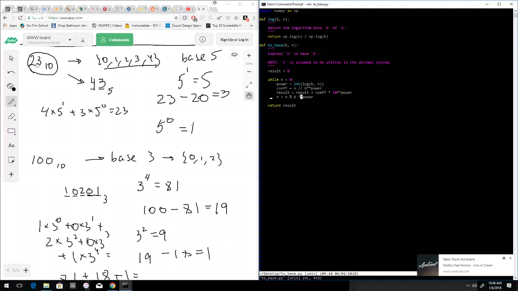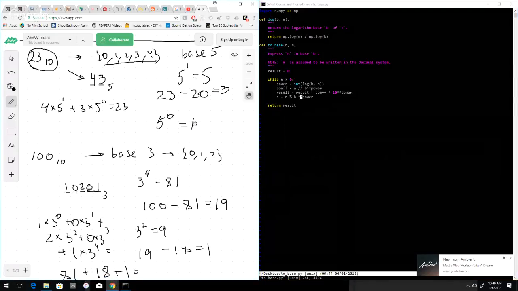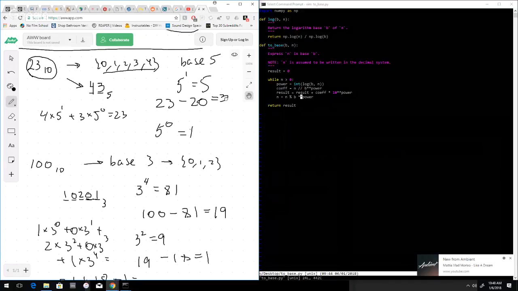So we just learned that if I take 23 and divide 5 to the first power, the quotient is 4, and the remainder that I was interested in is of course 3. So I update n to this remainder, and then n becomes 3 in this case, which is not 0, so the loop starts over again.